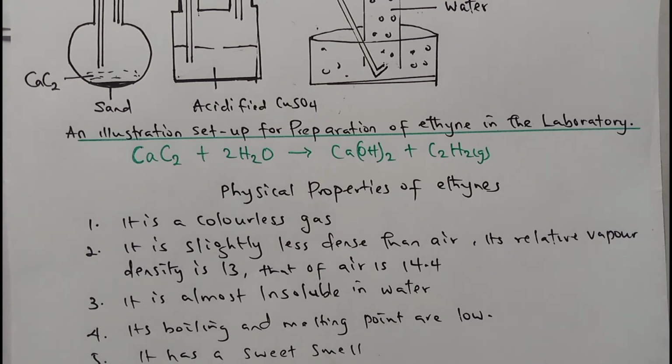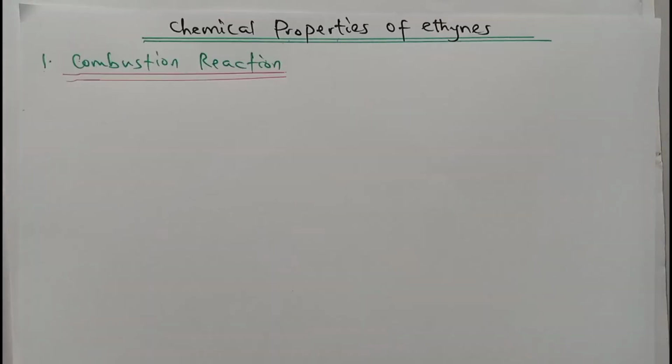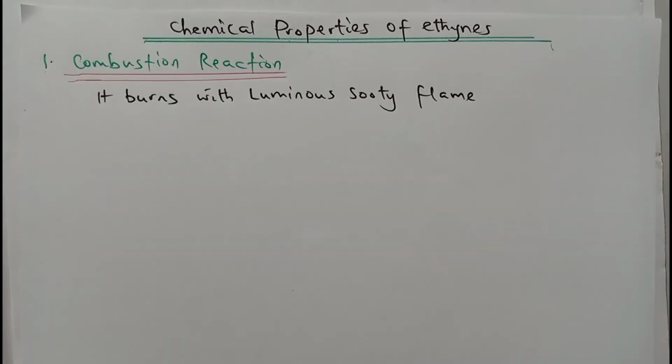Let's look at the chemical properties of ethyne. Every hydrocarbon will burn in air, but their burning differs. Alkanes burn with a bluish flame, not smoky, not sooty, not luminous.